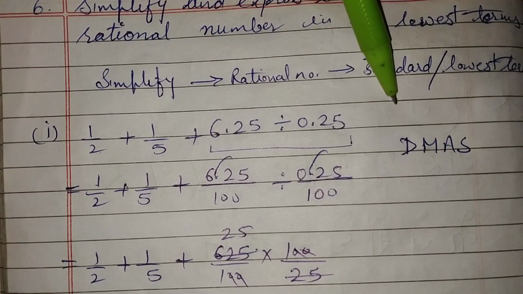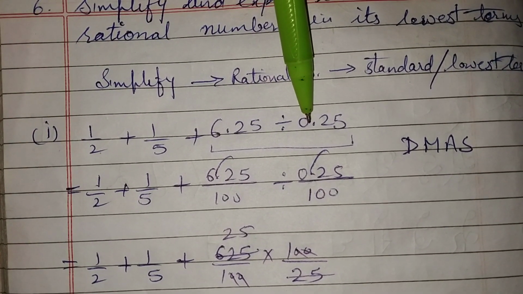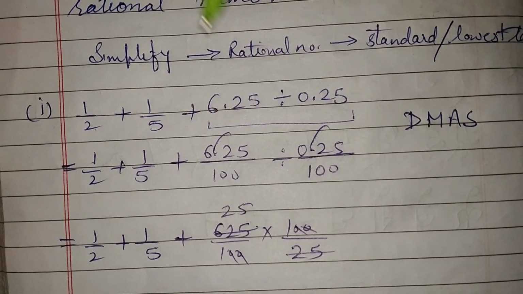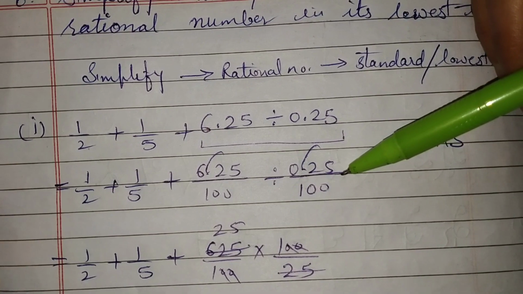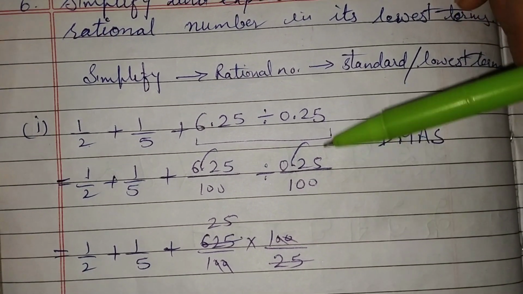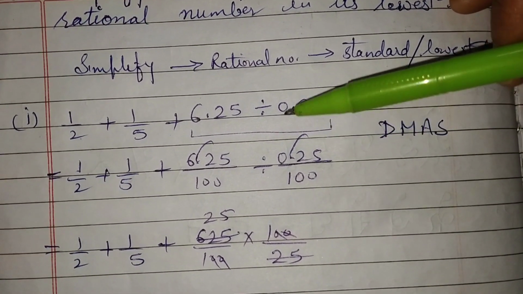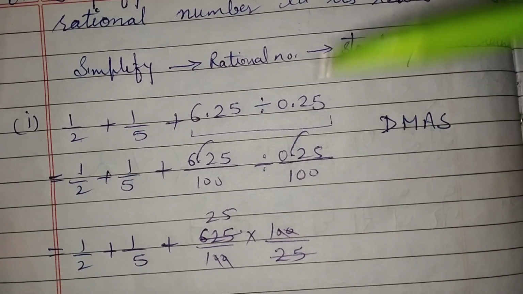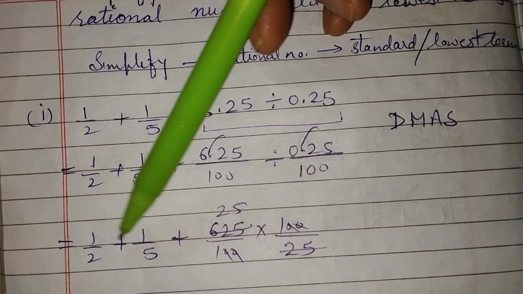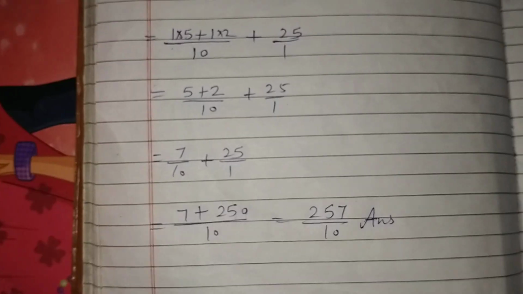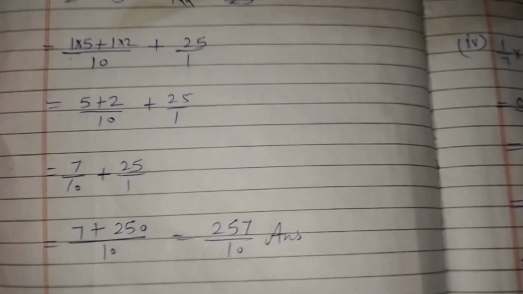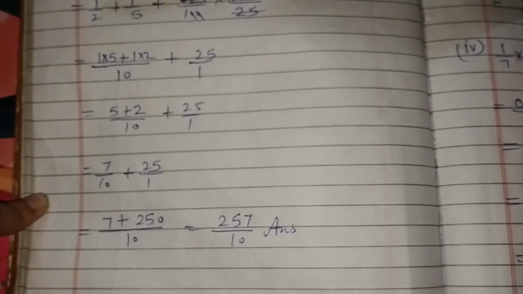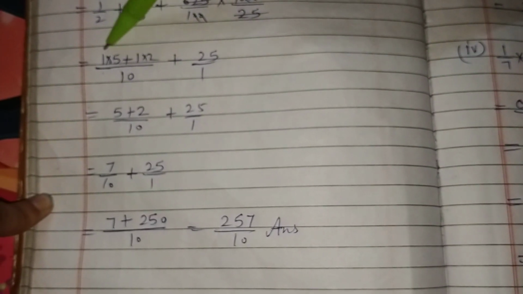Here division is given. It means firstly you will divide these decimal numbers. We already did these types of sums earlier, that's why I am not going to explain these. I'm just telling you that firstly we will solve the division part. After that we will do addition first.